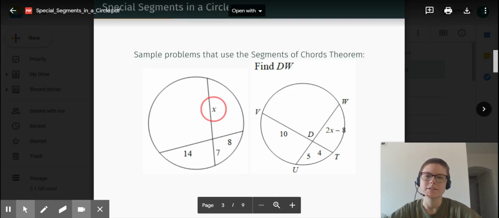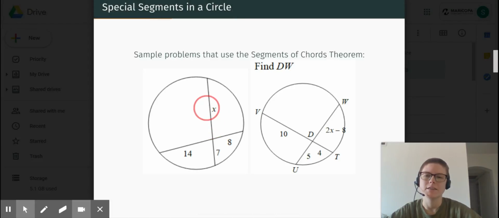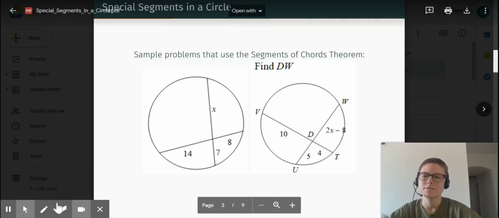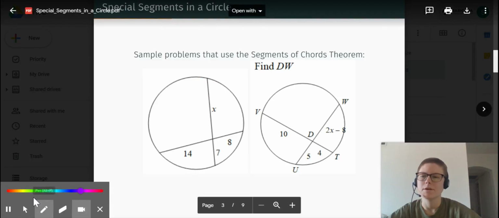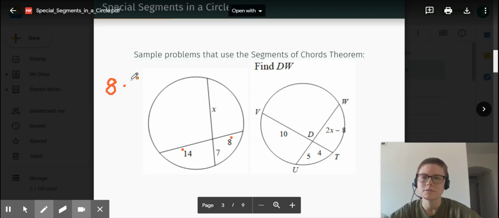This first one, we're just looking for the length of this segment. So we set it up. We know that 8 times 14 should be equal to 7 times x.